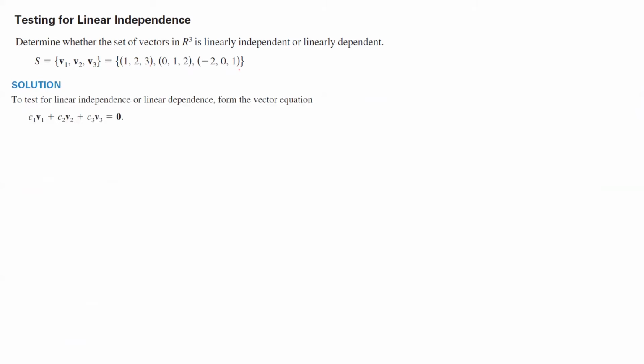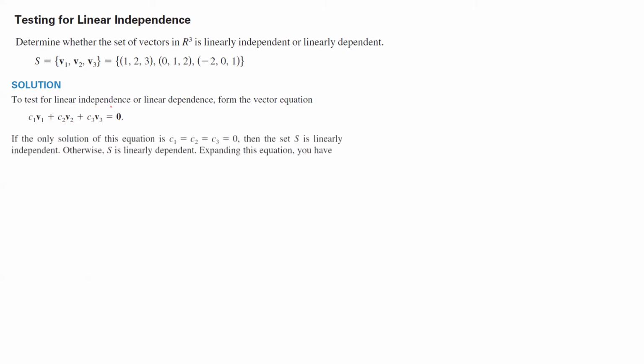To test for linear independence or dependence, we need to form the linear combination C1 v1 plus C2 v2 plus C3 v3 equals the 0 vector. If all of these Ci's become 0, then you have linear independence. Otherwise, you say they are linearly dependent. So let us begin.